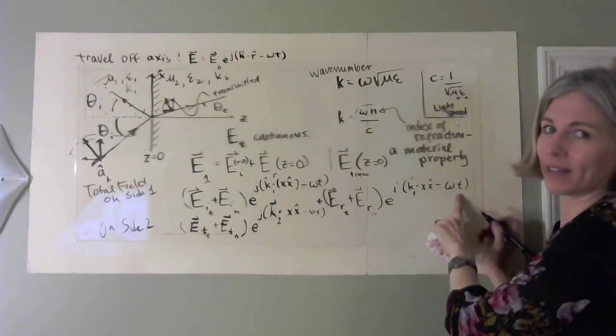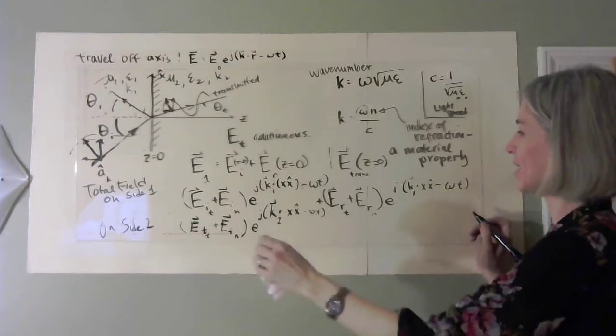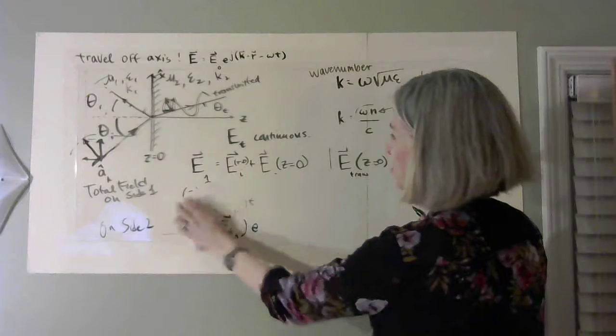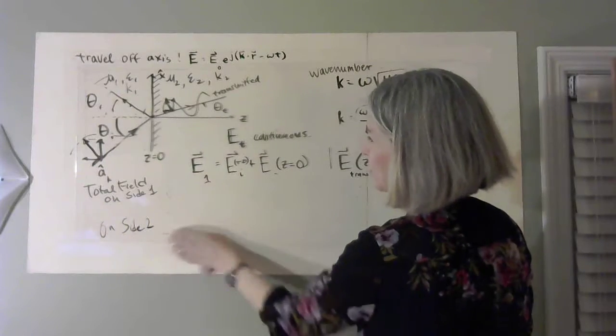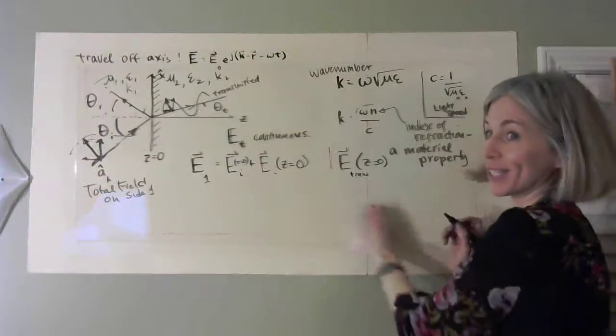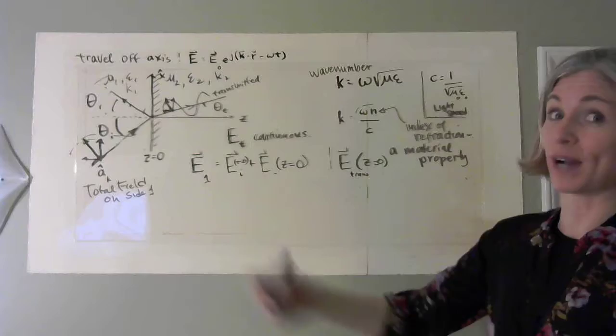And the same thing here: it's got to work at any time, so we have to have the same frequency across all three. I said I was going to ditch all these subscripts. The only thing we're really going to take home here is that the oscillatory term only makes the boundary conditions work if it's the same for all three terms, so it can be divided out.